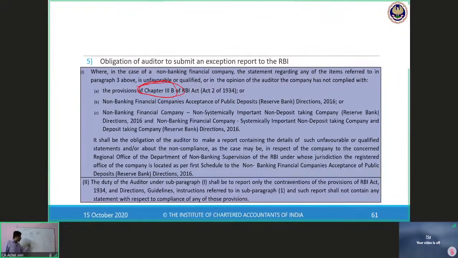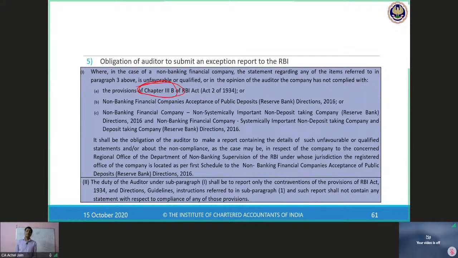For 3, for any of these statements, there is qualified or unfavorable opinion, or in the opinion of the auditor, provisions of RBI Act have not been complied with, or NBFC's acceptance of public directions have not been complied with, or NBFC non-systemically important non-deposit taking directions or systemically important non-deposit taking company directions have not been complied with.